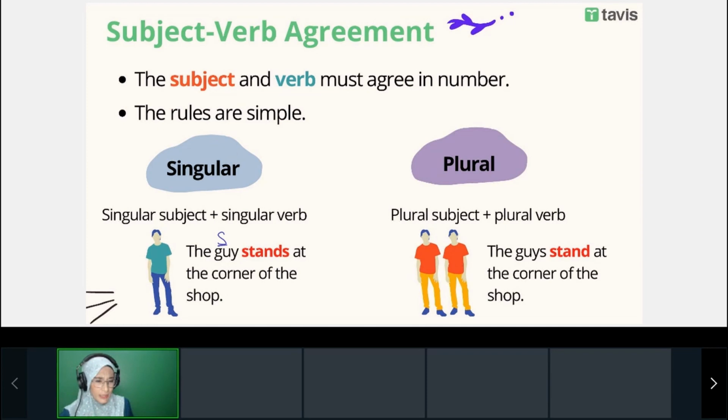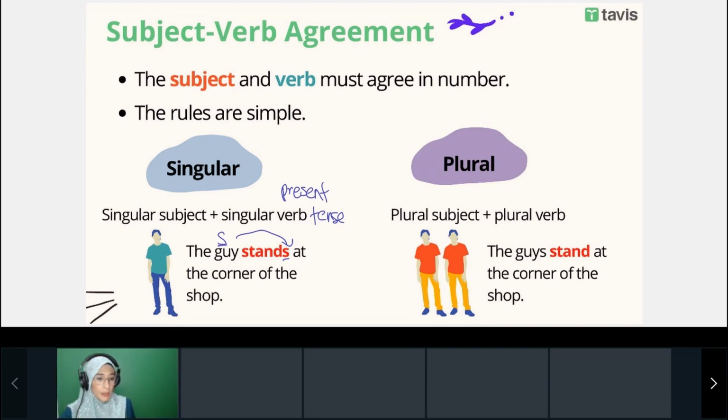Remember, this is present tense, everybody. So the guy stands, always with this rule. Singular subject with singular verb with S.